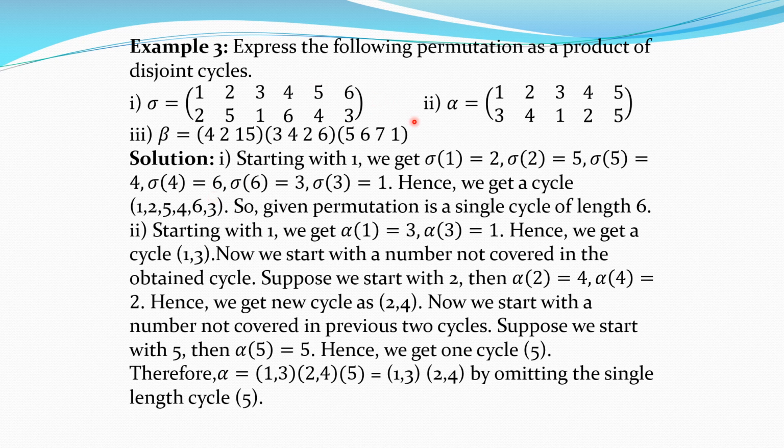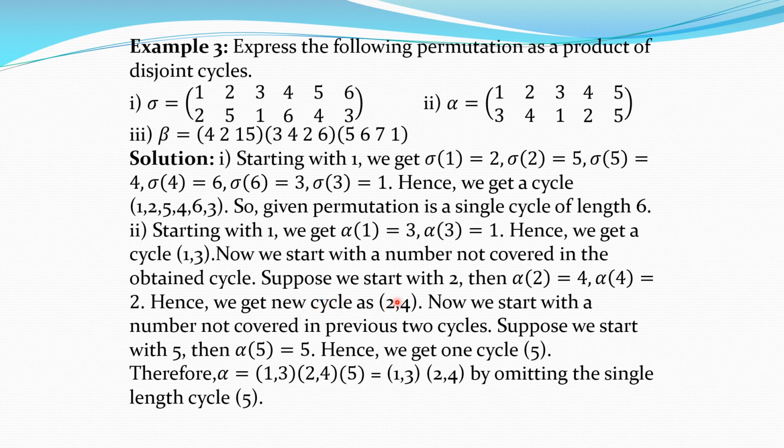Now the second. Starting with 1 again, alpha of 1 is 3. Then alpha of 3 is 1. As 1 goes to 3 and 3 goes back to 1 itself, we get a cycle of length 2, namely (1, 3). Now the elements not covered in this cycle are 2, 4 and 5. So we start with 2. Alpha of 2 is equal to 4, and alpha of 4 is 2. So again we get the cycle (2, 4).